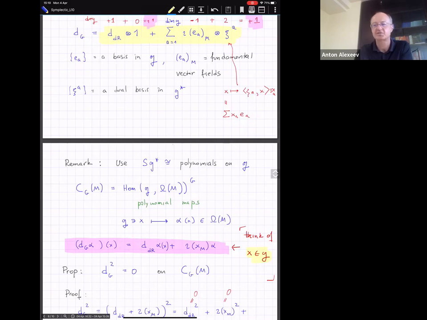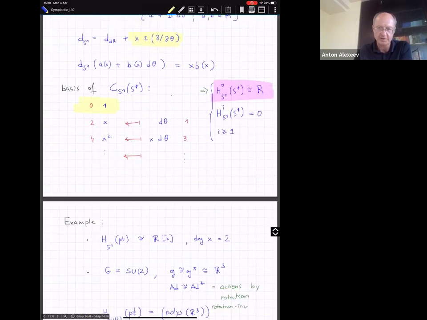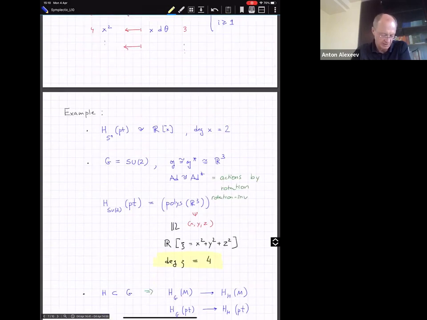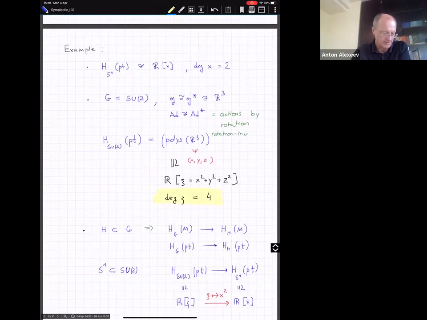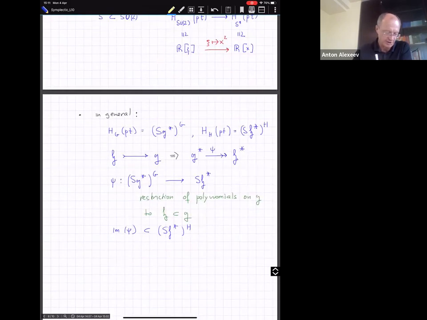If you substitute SU2 by SUN, you mean you consider SU2 inside SUN, right? I think this is a general result.